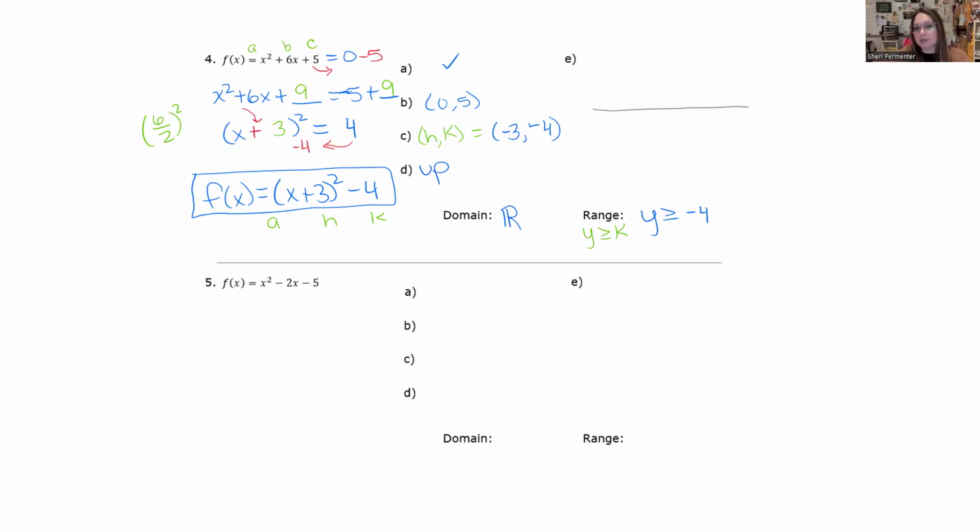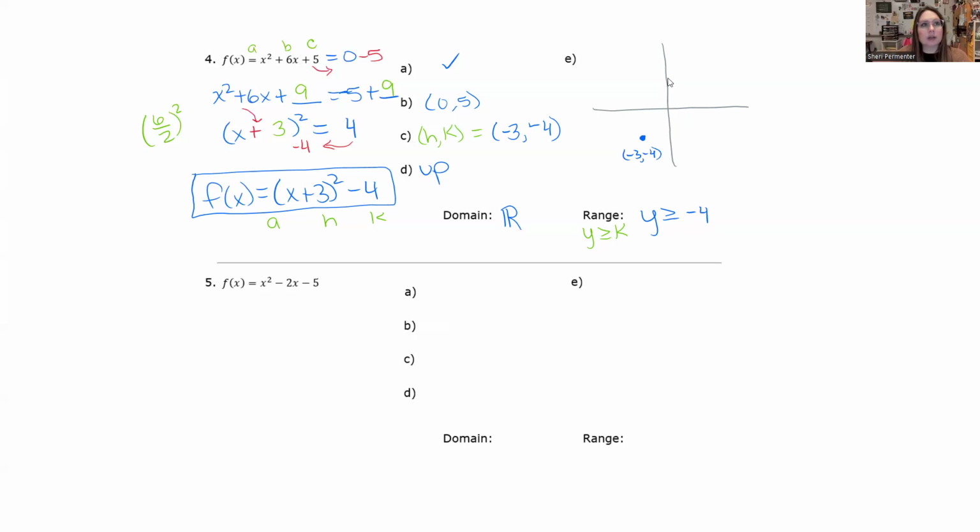All right, my simple sketch is just that. It is going to be a simple sketch. I've got an x and a y. I'm going to plot my vertex. My vertex is at -3, -4. And my y-intercept, what's my y-intercept? 5.